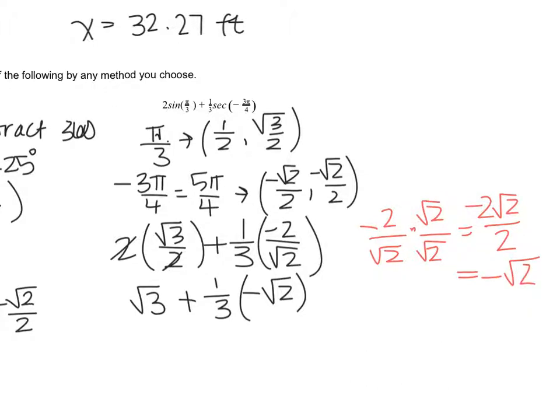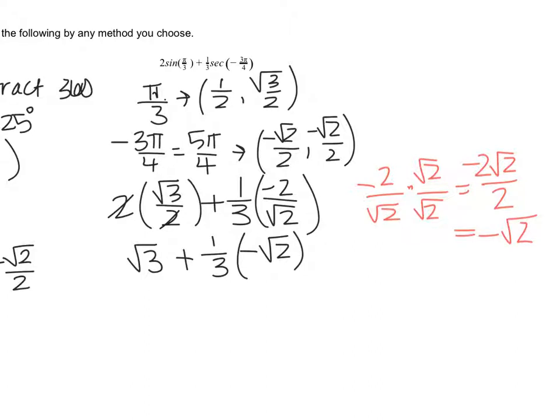So if we go back to our problem, we have radical 3 plus 1/3 times negative radical 2. So we get radical 3 plus, and a positive times a negative is going to get us a subtraction, so minus radical 2 over 3. Now we could leave our final answer in this form, but we always like to write answers as single fractions.